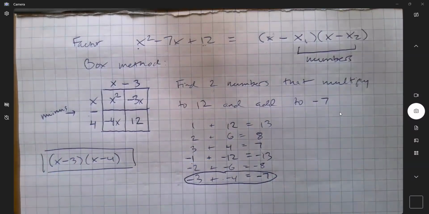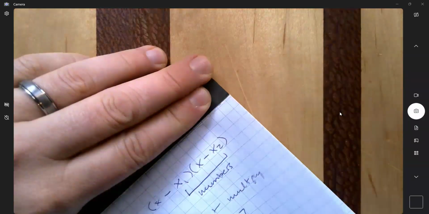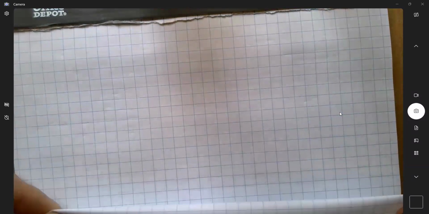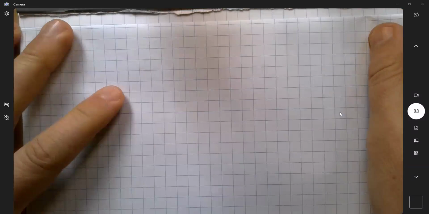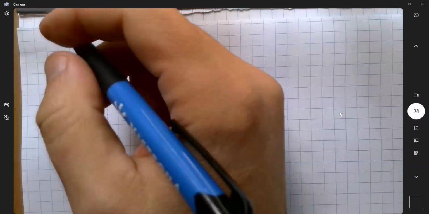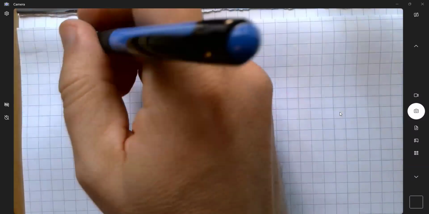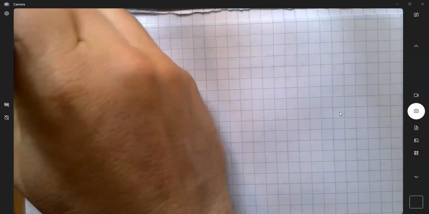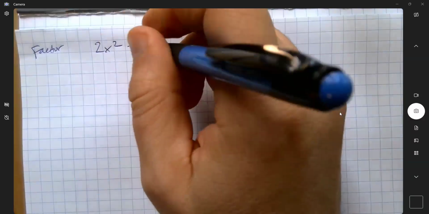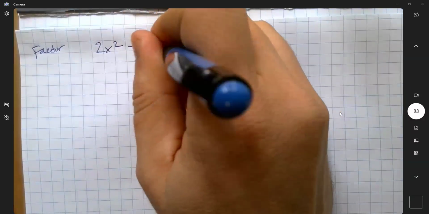All right, so what do you do if the leading coefficient is not a 1? So let's look at this next example I had, which is 2x squared. We're going to factor 2x squared minus 10x.